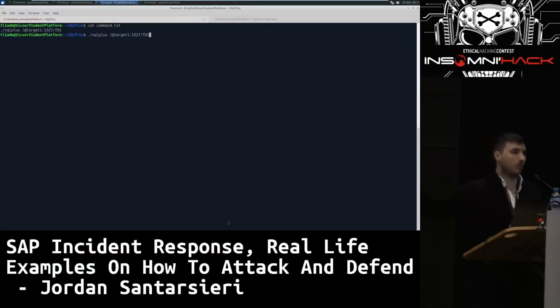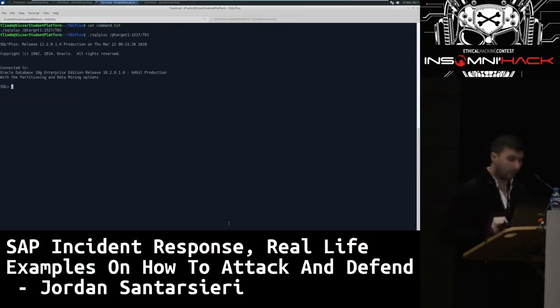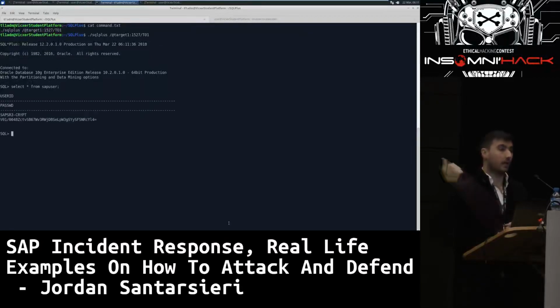There are 1,000 ways to brute force an Oracle database remotely. Enter. I'm already connected. I never specified a username and password. So here I do select all from SAPUSER. What I get is the real user, SAPSR3, and the encrypted password. Perfect.